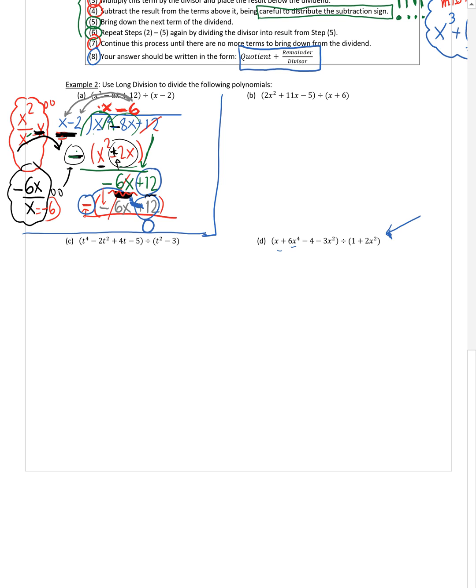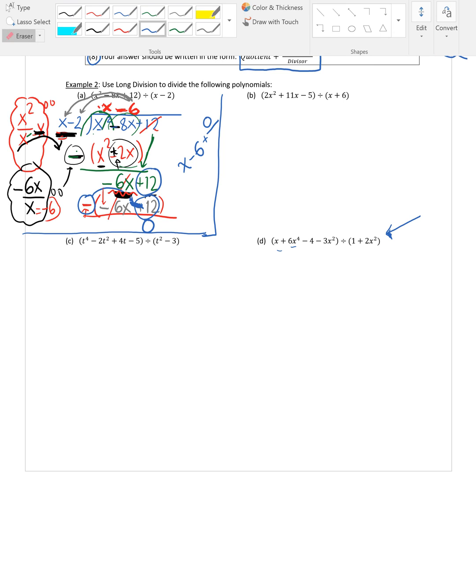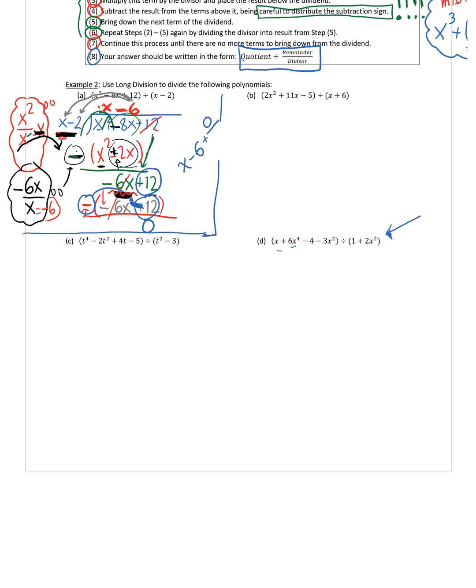You want to write your answer as the quotient. And remember, your quotient is what you got above the division bar, x minus 6, plus the remainder, which was 0, over the divisor, which was x minus 2. So there's your answer.